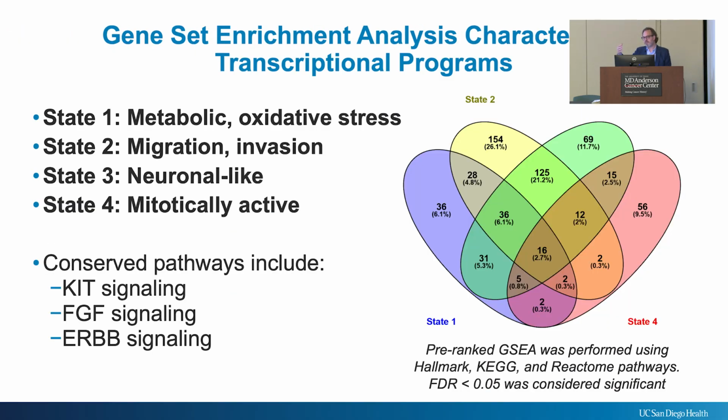We can then take that a step further and start trying to understand what describes these different states in terms of the expression profiles, whether it be metabolic signatures or migration invasion, meaning markers of potentially metastatic-like cells, to neuronal type cells, to more mitotically active type cells. And again, we're finding some of these common signaling pathways, but we're also finding a lot of unique signaling pathways.